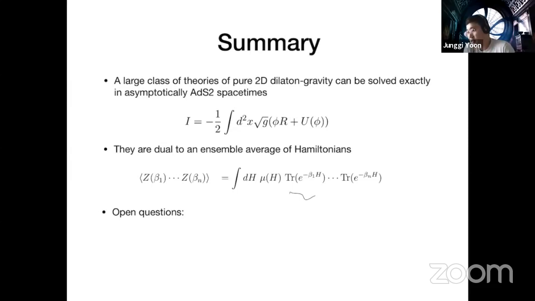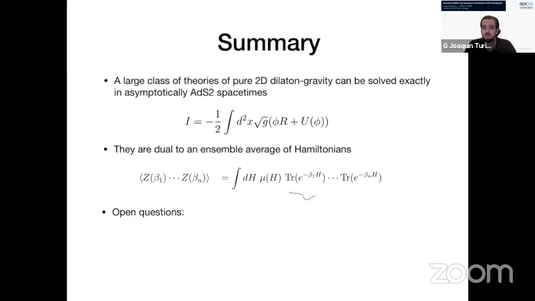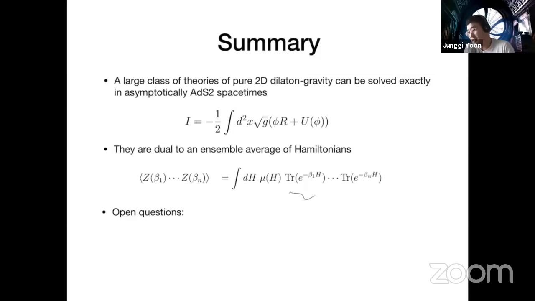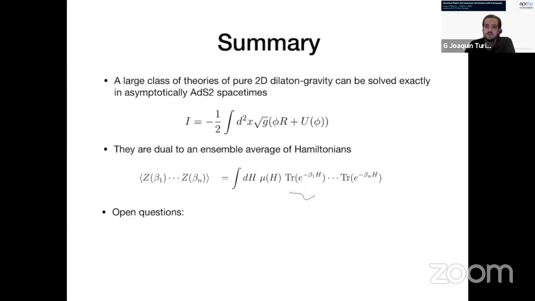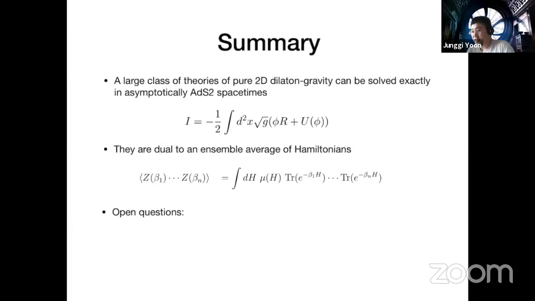I see. It would be great if I knew the dual of SYK, then I could answer you more specifically, but maybe one can find something in between, right? Some model of JT gravity with some kind of matter that is dual to some matrix integral. Yeah. Okay, thank you very much. Sure.